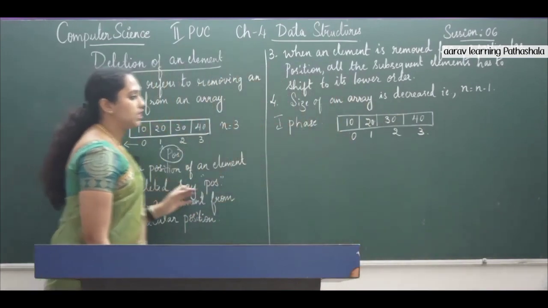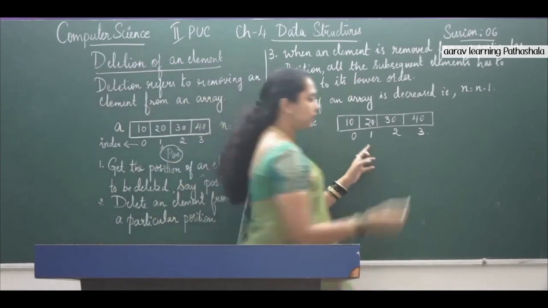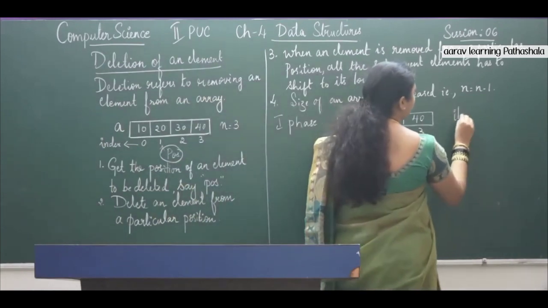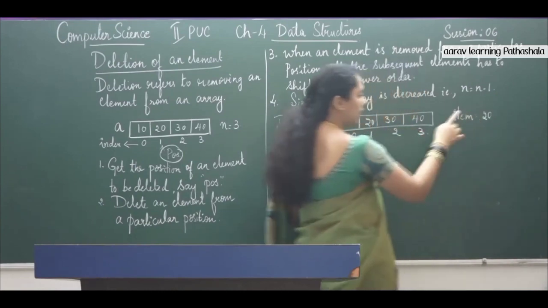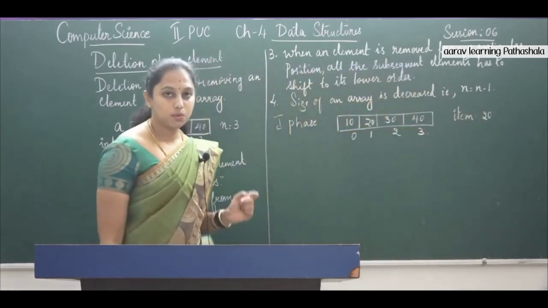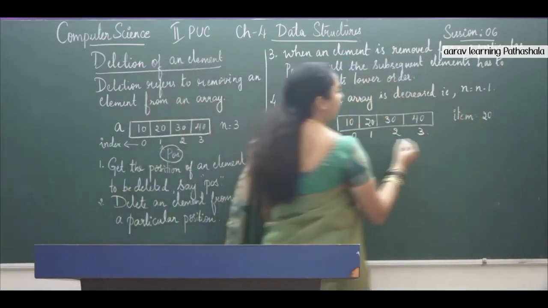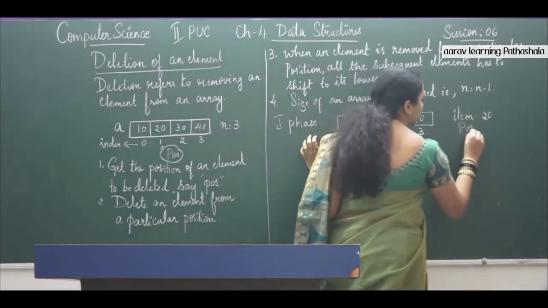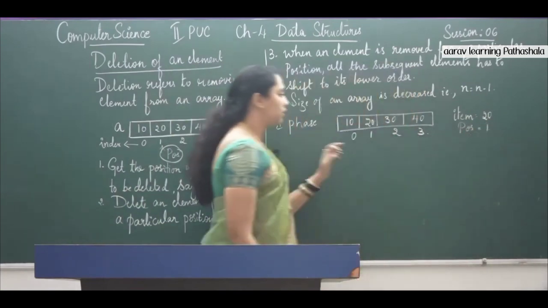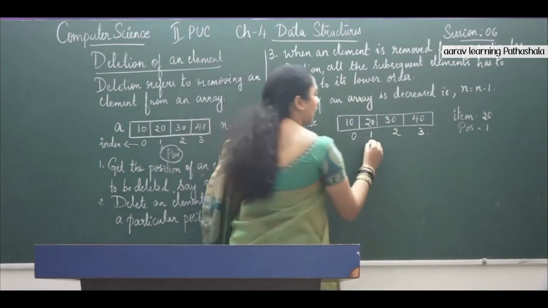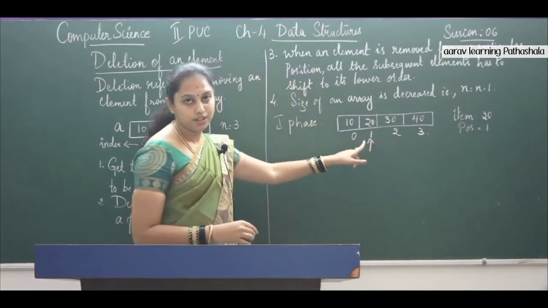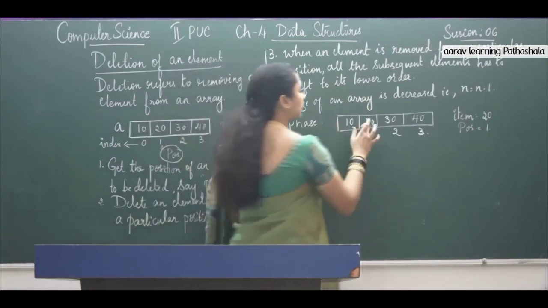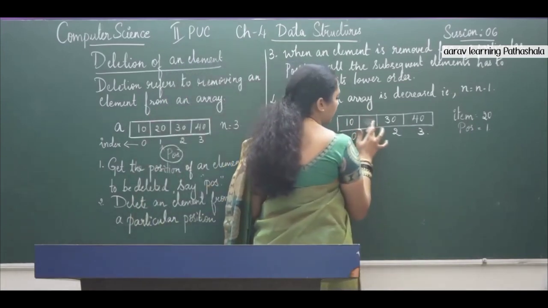I want to delete an item 20. Item is equal to 20. Item is the element which I want to remove from an array. And what is the position? Position is 1. So in the first phase, I am going to delete this element.